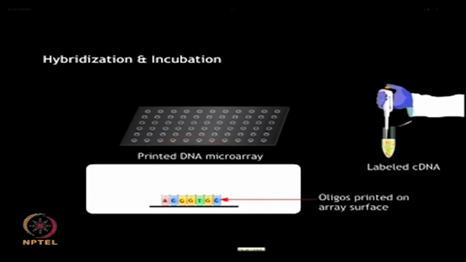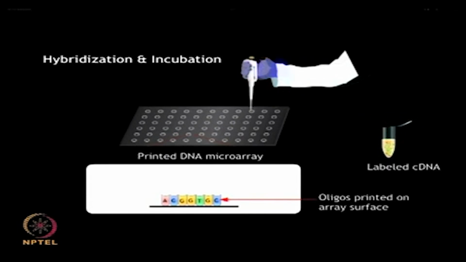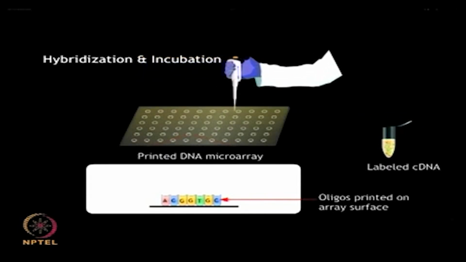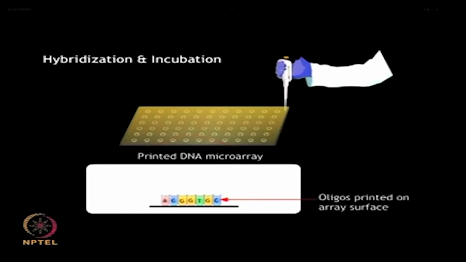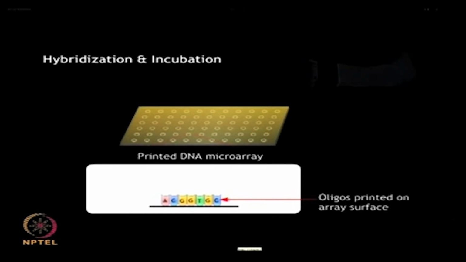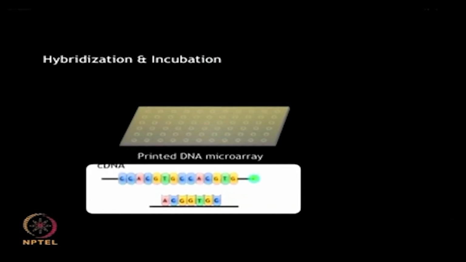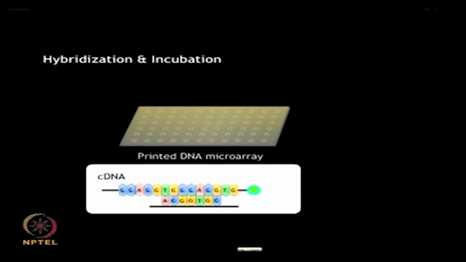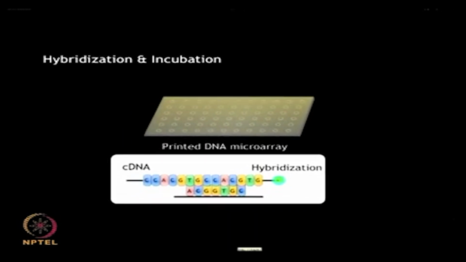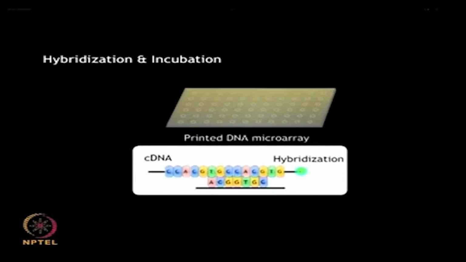It allows hybridization to occur between the probe oligonucleotides on the array surface and the labeled cDNA samples of interest. The microarray is washed to remove any unbound cDNA molecules and then is scanned at a suitable wavelength by means of a microarray scanner.